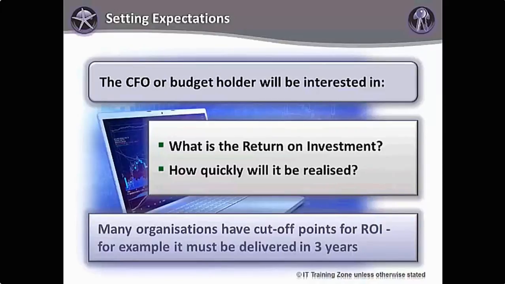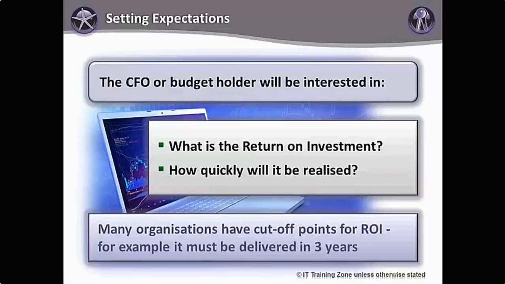Finally, and perhaps most importantly, we need to address what's in it for me for our Chief Financial Officer or the relevant budget holder. They'll be interested in, what is the return on investment? How quickly will it be realized? Many organizations have cutoff points for return on investment.